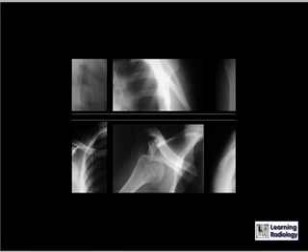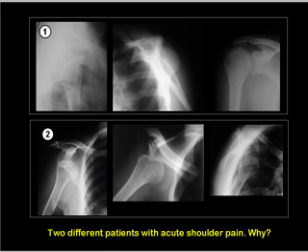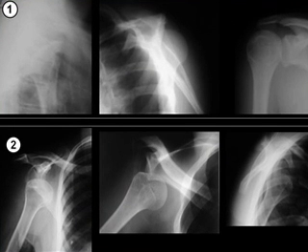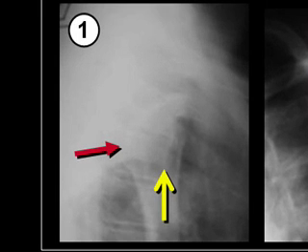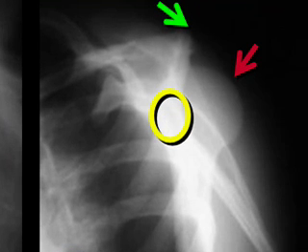These are two individuals, one across the top, number two across the bottom, both of whom have acute shoulder pain. Why? In patient 1, the humeral head, to which the red arrow is pointing, lies posterior to the glenoid fossa, shown here by the yellow arrow. In this Y view, the yellow circle indicates the location of the glenoid.